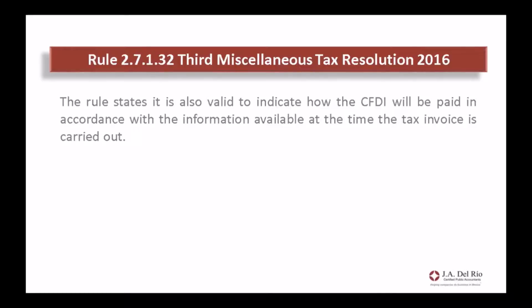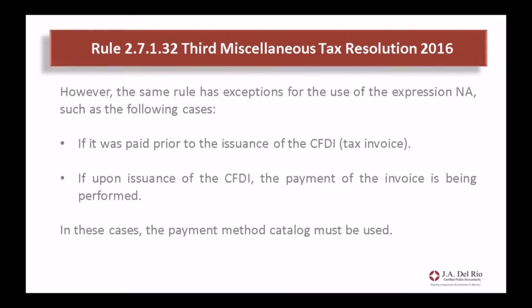So we are learning from here that maybe it's easier to use the option of including NA, not applicable, in order to avoid further needs to modify an XML. I think this will help us avoid being requested to re-invoice another XML.